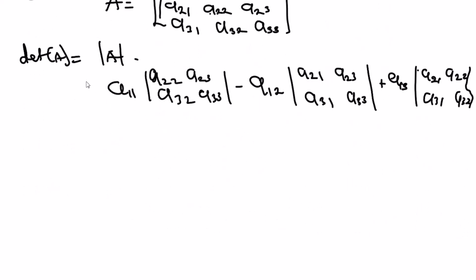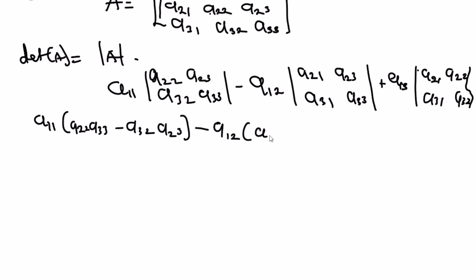So at this point, what is left is to use the idea of finding the determinant of the 2 by 2 matrix. So this is going to be A11 times A22 A33 minus A32 A23, minus A12 multiplied by A21 A33 minus A31 A23, then plus A13 times A21 A32 minus A31 A22. It's just the product of the leading diagonal minus the product of the off diagonal.